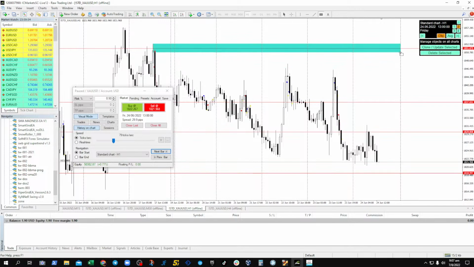This one hasn't changed much. Okay, this one is a bit tricky because this is basically a high liquidity zone, and this one is here, straightforward.